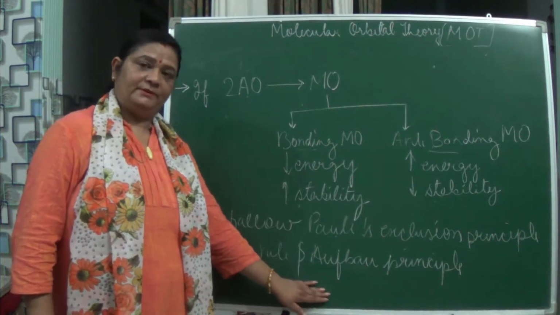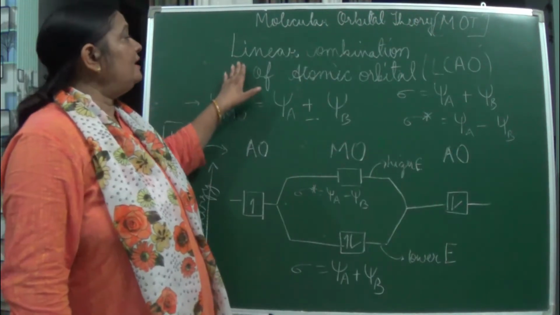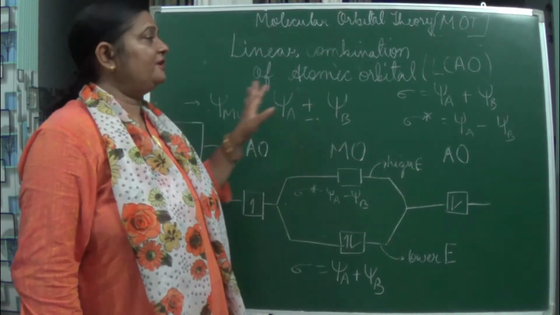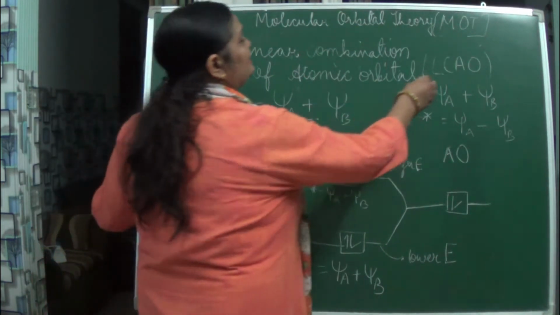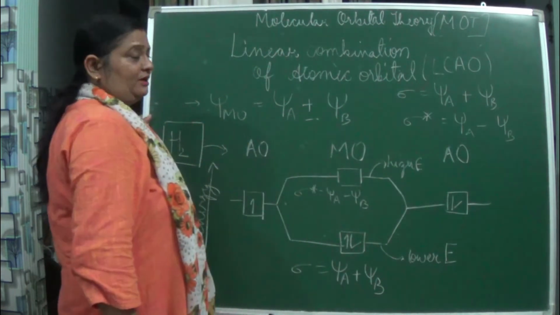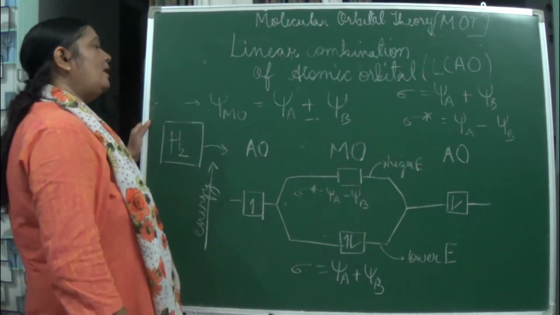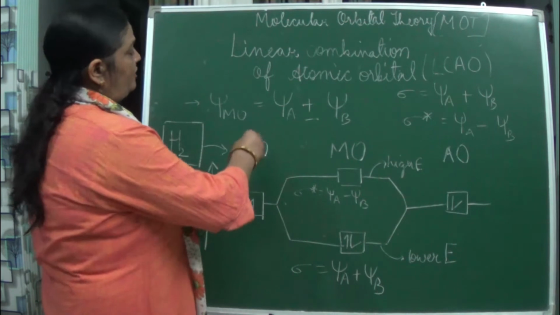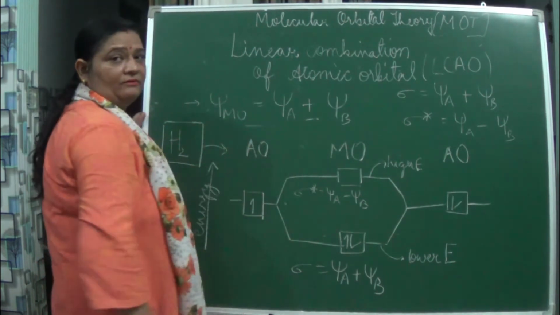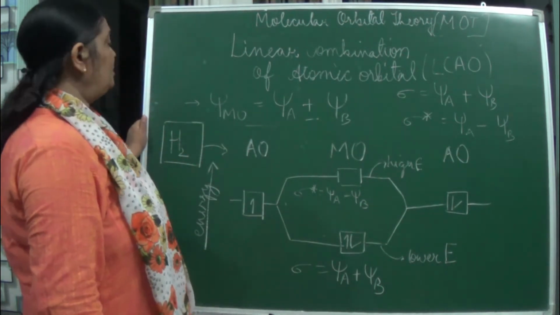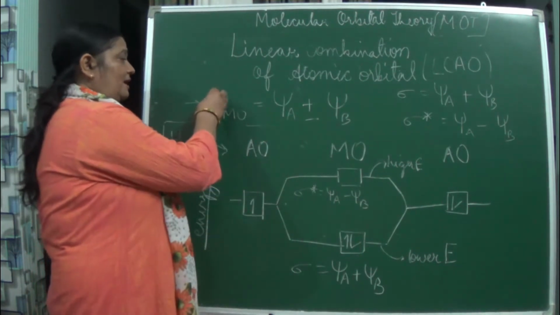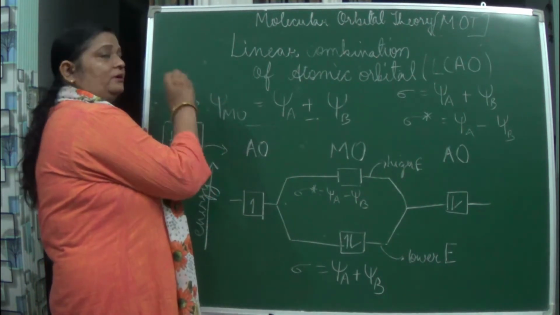Now, coming to linear combination of atomic orbitals, in short LCAO. Here we can see the equation. Do you remember psi, from the Schrodinger wave equation? This psi has come from there. This is the wave function.